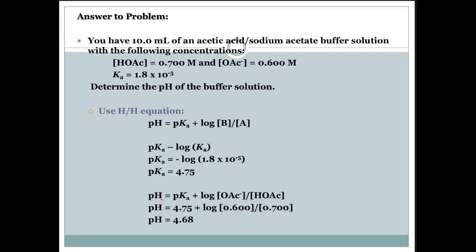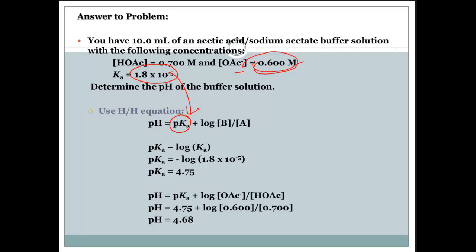First of all, you have 10 milliliters of 0.7 acetic acid and 0.6 acetate. We can figure out the pH of the system before we start anything by using the Henderson-Hasselbalch equation. We have the Ka.